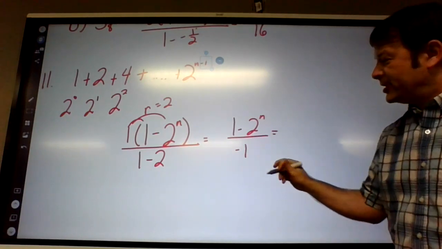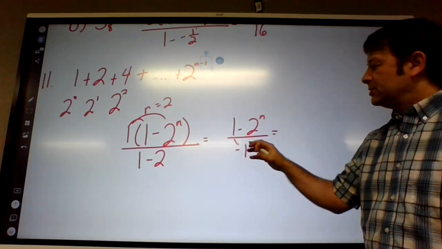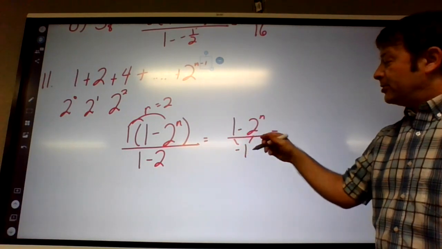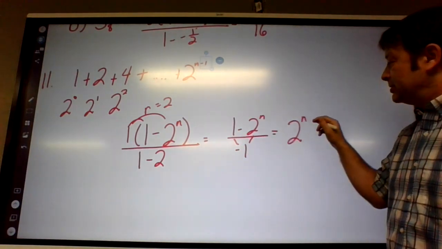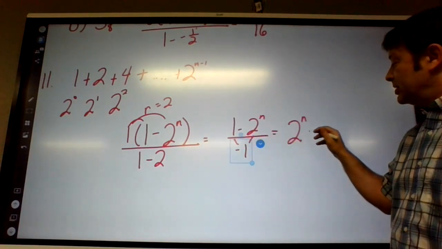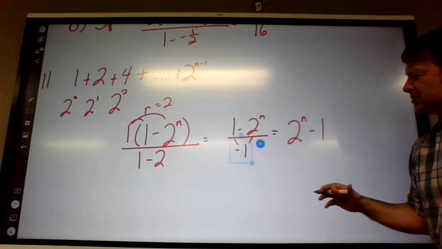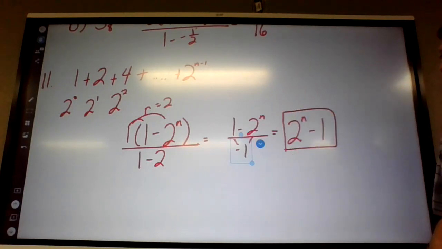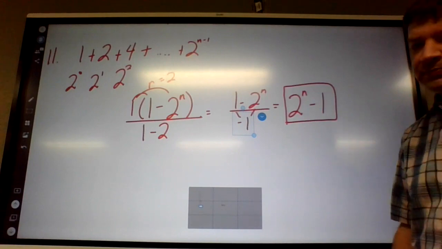And how do I divide this by -1? Just divide both of those by -1. So that'll become positive 2 to the n, and this will become 1 divided by negative. They just wanted us to show that was true.